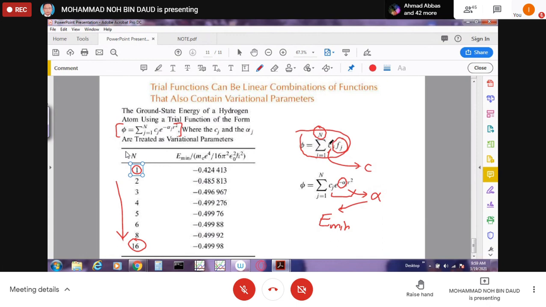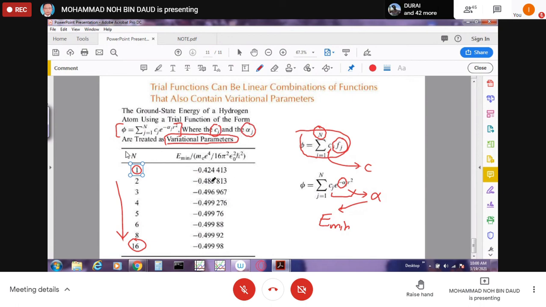Whereas here the coefficient is treated simultaneously, minimizing these two, the variation integrals and coefficients. So we treat this coefficient also as variational parameters, because we treated simultaneously optimizing C and alpha.